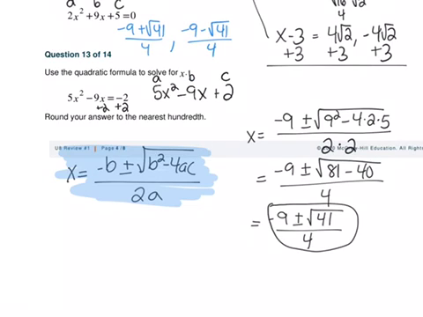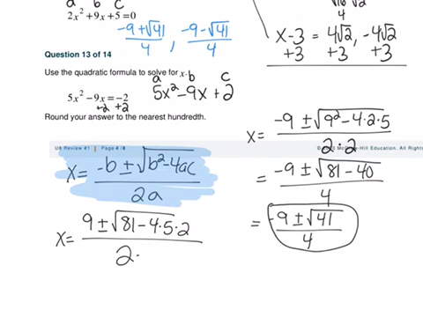So let's plug it into the formula again. So we have x equals negative b, and b is -9, which would just be +9. So I'm just going to write that as a +9, plus or minus the square root of 9 squared, which is 81, minus 4 times a, which is 5, times c, which is 2, all over 2 times a, which this time is 5.